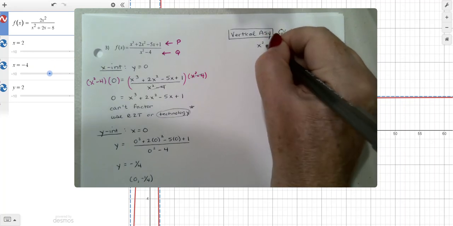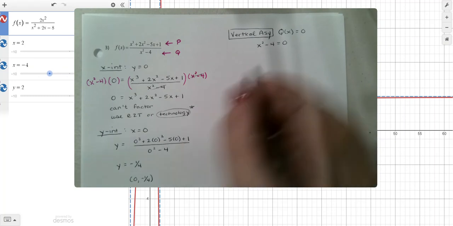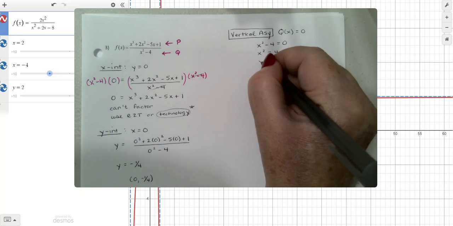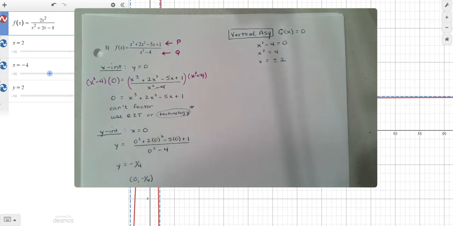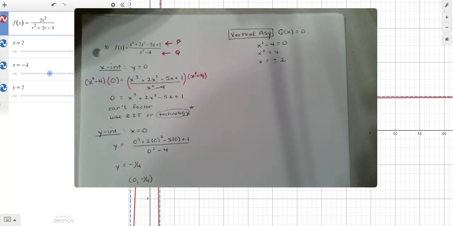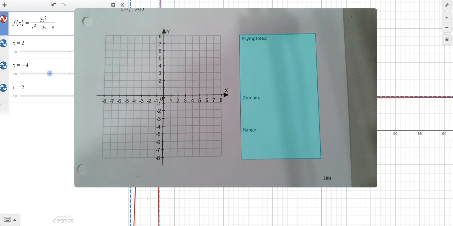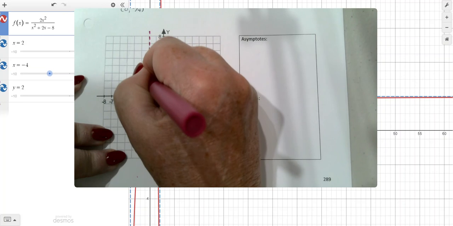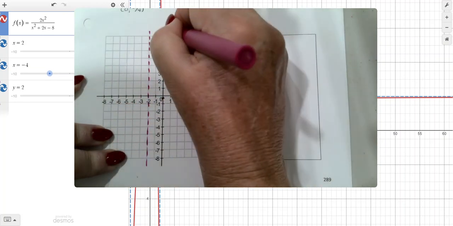So in this case, when x squared minus 4 is 0, that says x squared equals 4, so x would be plus or minus 2. Let me add those to my graph. X equals negative 2, and x equals positive 2.